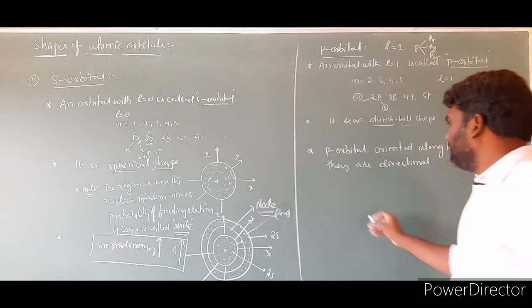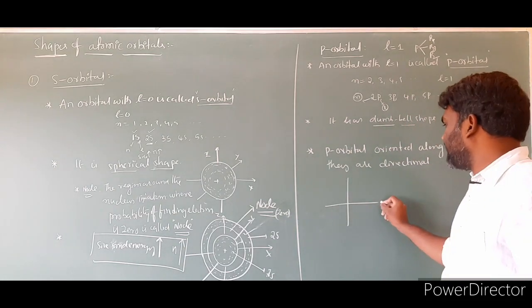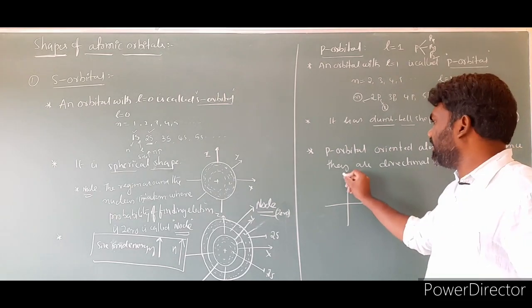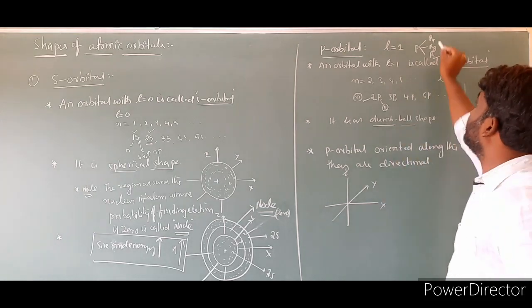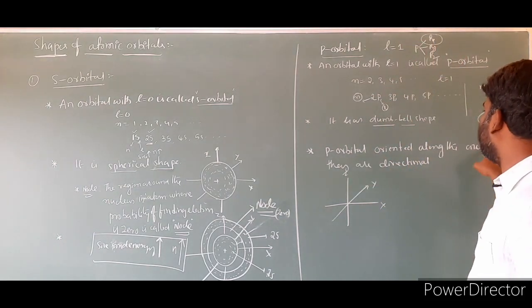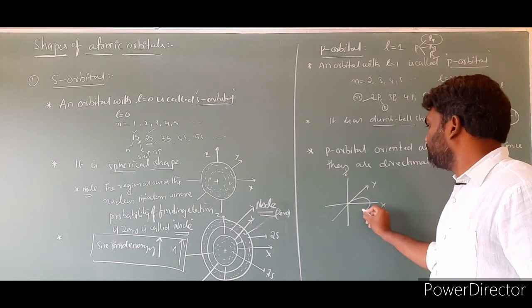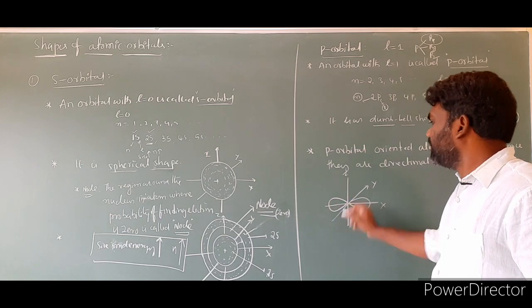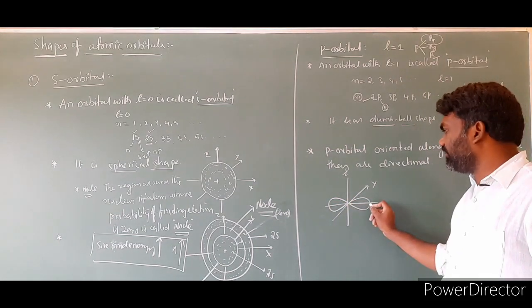So what are the p orbitals? We can show here. I am taking 3 coordinates. This is the x coordinate, this I am labeling as the z coordinate, and this is the y coordinate. First I am showing the px orbital. The p orbitals go along the axis, so px is oriented along the x axis.